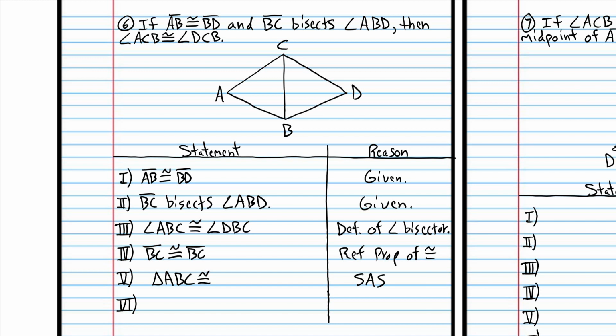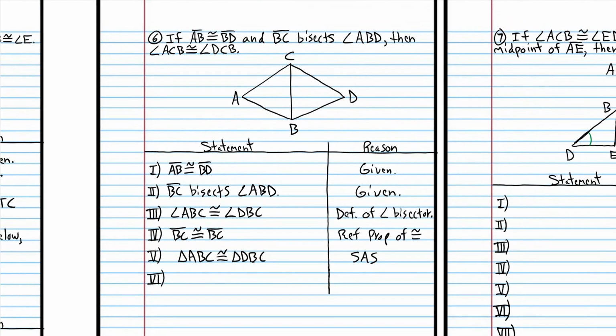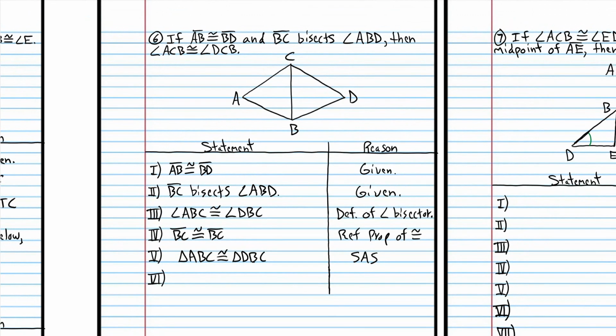The triangle ABC is congruent to triangle DBC by the SAS postulate. And now that we know that the triangles are congruent, we can say that angle ACB is congruent to angle DCB because of CPCTC.